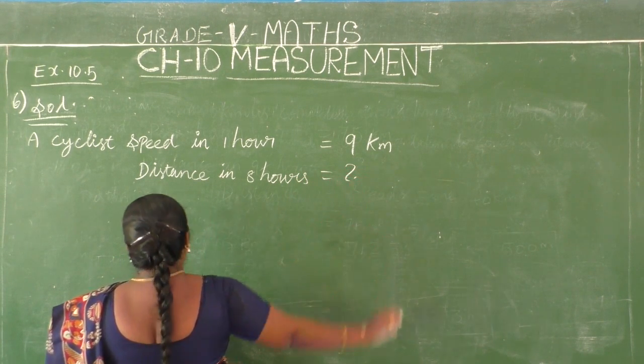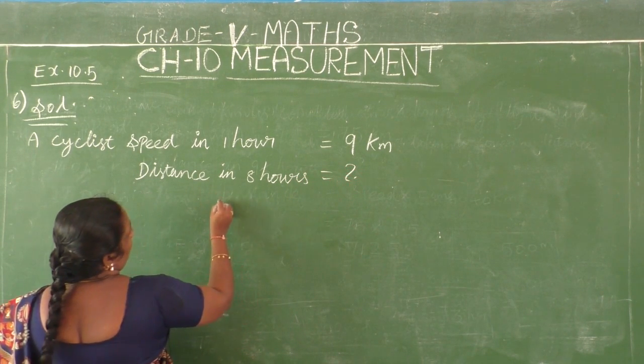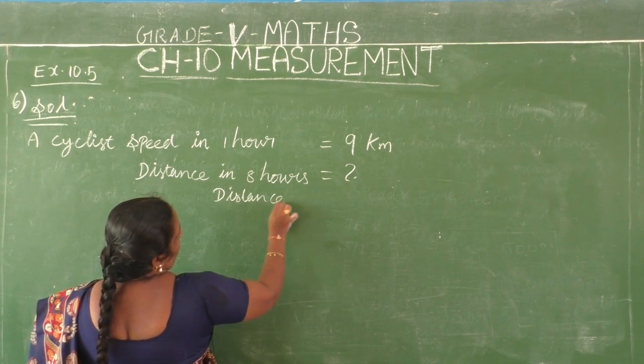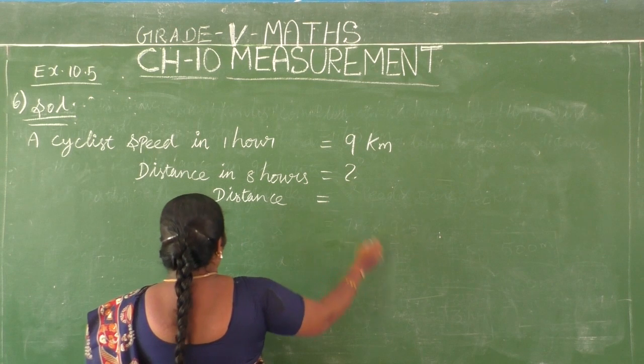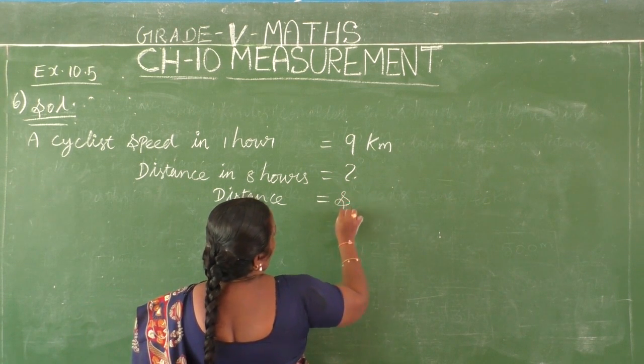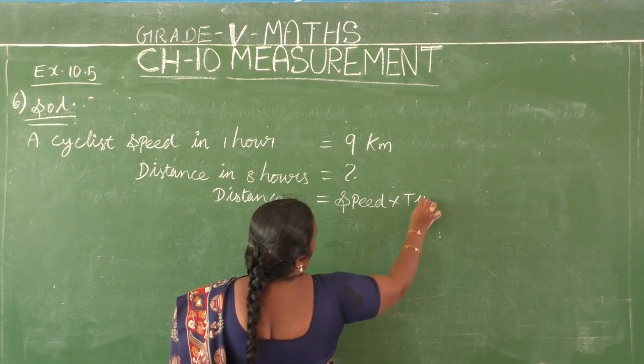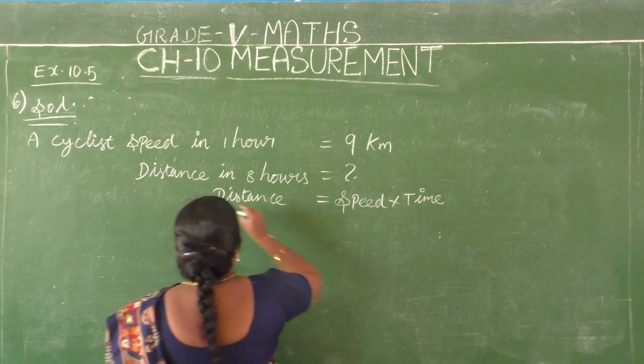Distance in 8 hours we don't know. So you have to use the distance formula here. What is the distance formula? We have to multiply the speed into time. This is the distance formula.